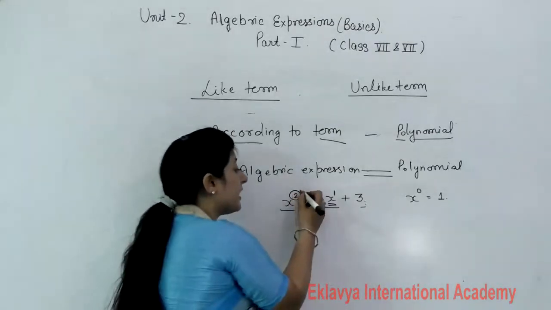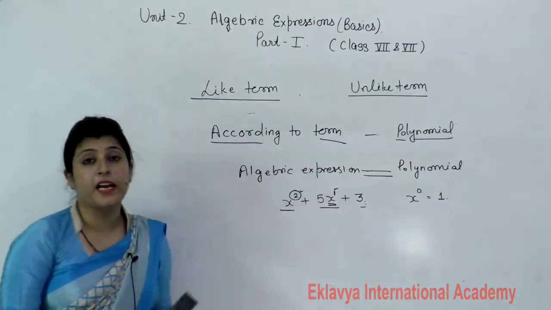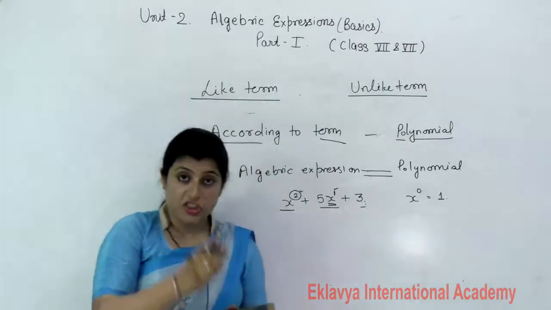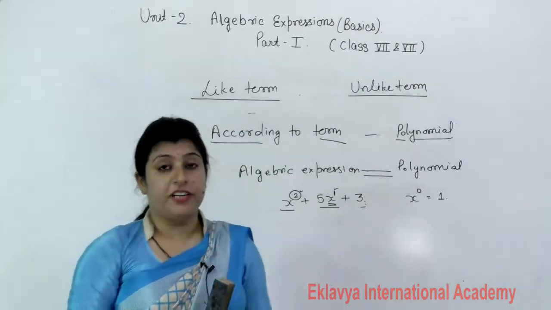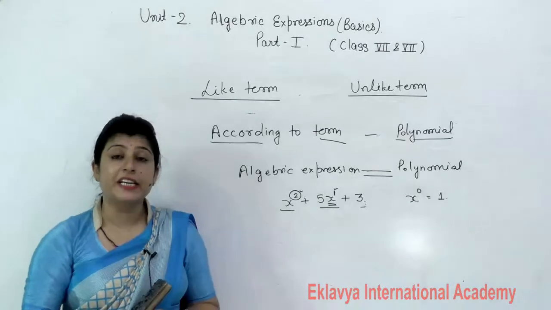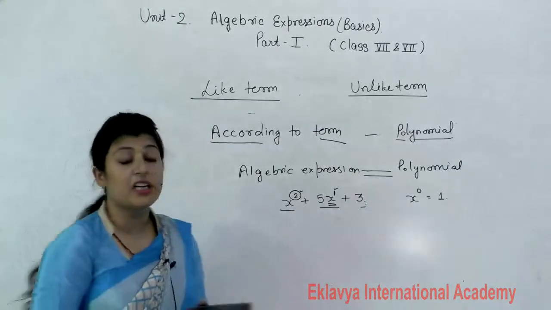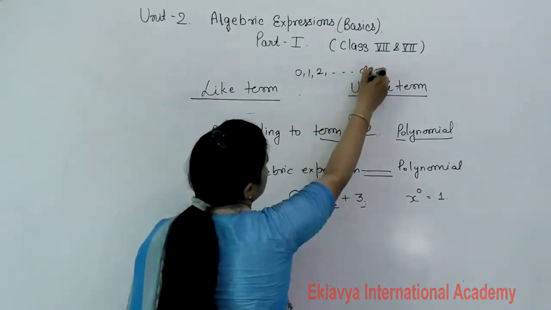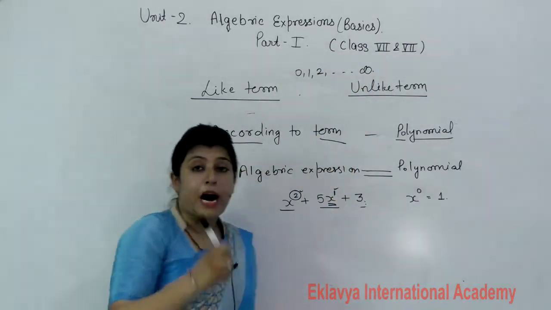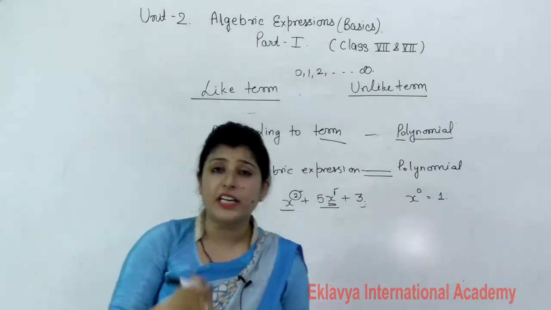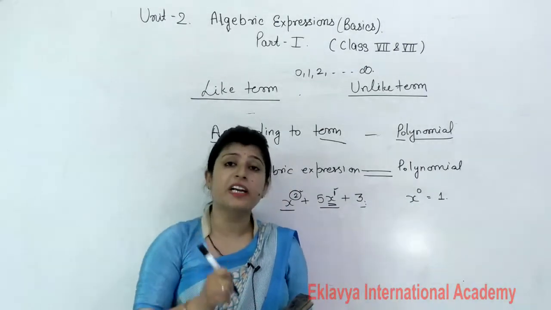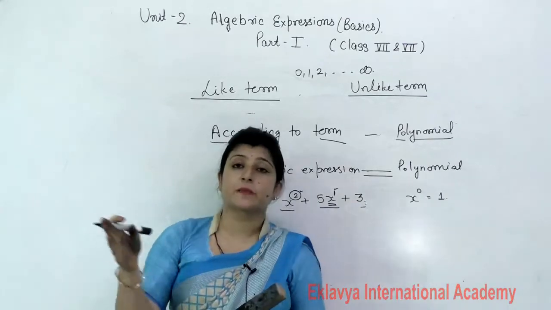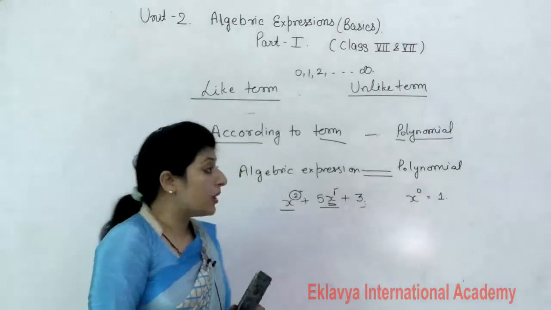So it means if the power of the variable is a whole number, the range of whole numbers is 0 to infinity. We didn't include negative signs, we didn't include integers or fractions. Whole numbers means 0, 1, 2, and so on to infinity. So if the power of the variable in any term of the given algebraic expression is a whole number, then this algebraic expression is called a polynomial.